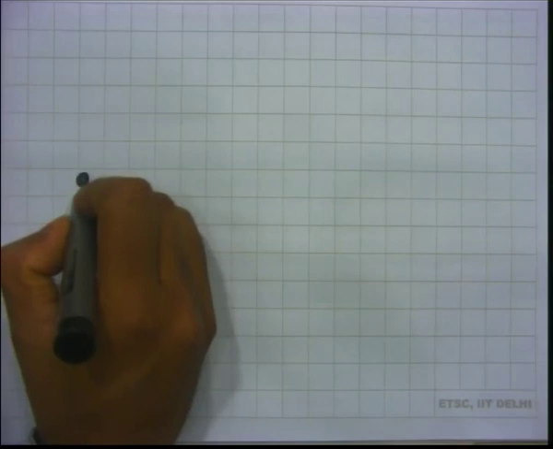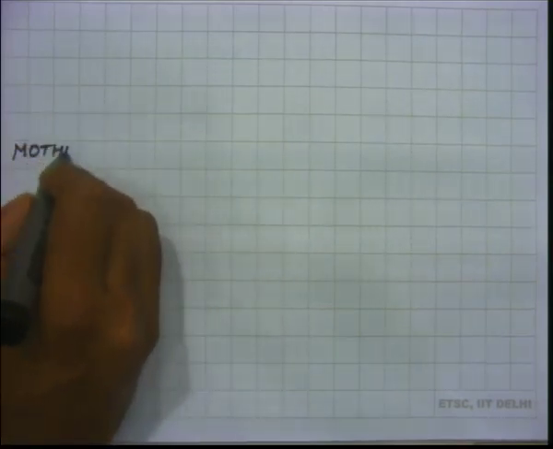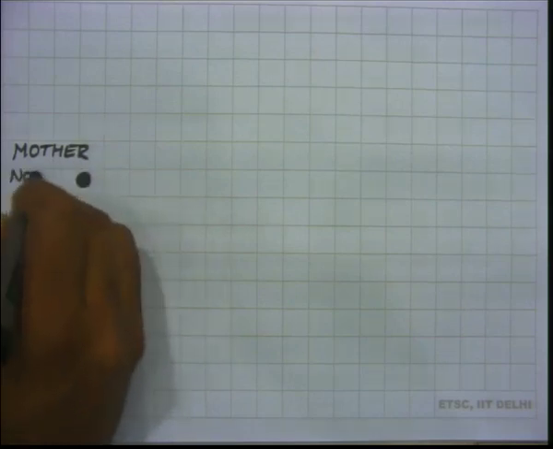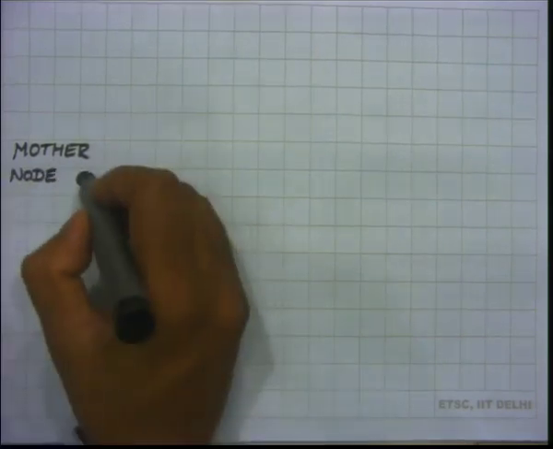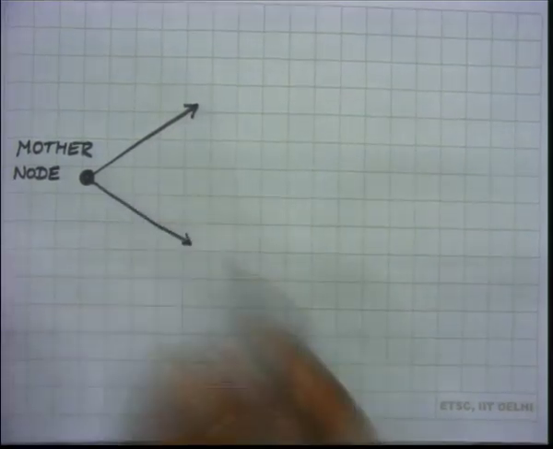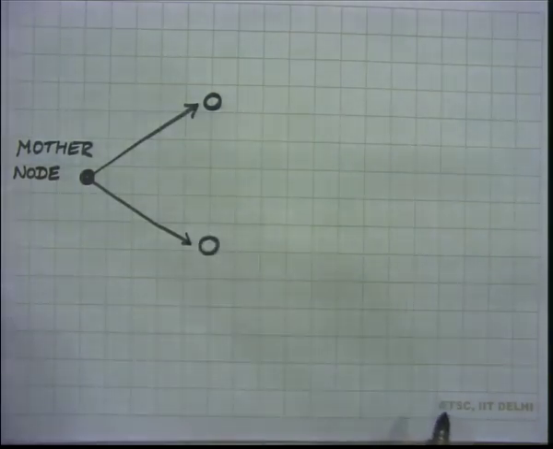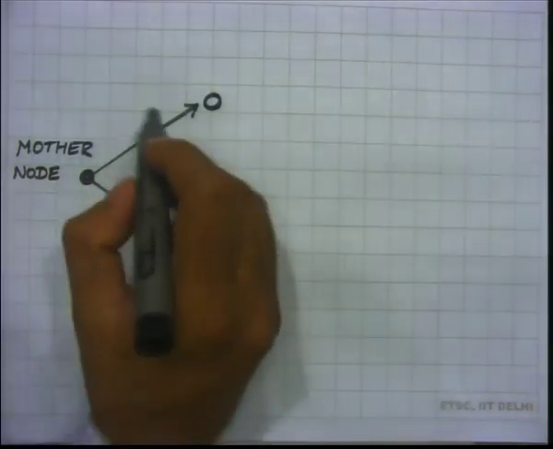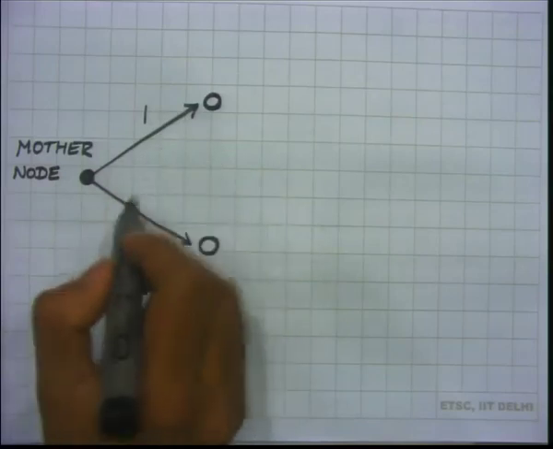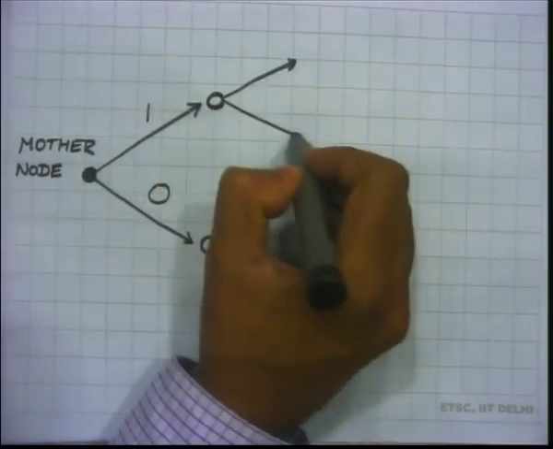We can go horizontal. So, we can have a mother node, and we can always have 2 daughters, and either we take a 1 going up, 0 going down, and so forth.